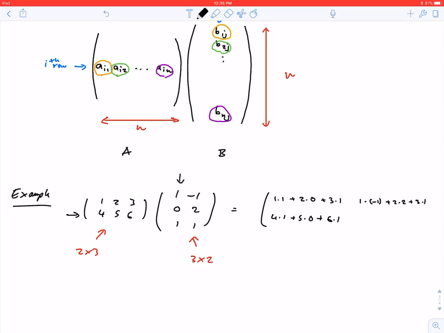I hope that's correct. And then finally I'm going to move this across to here. Same deal. 4 times minus 1, plus 5 times 2, plus 6 times 1.